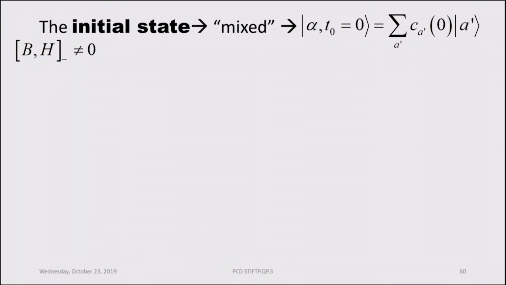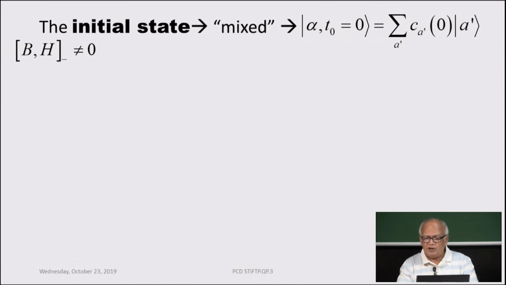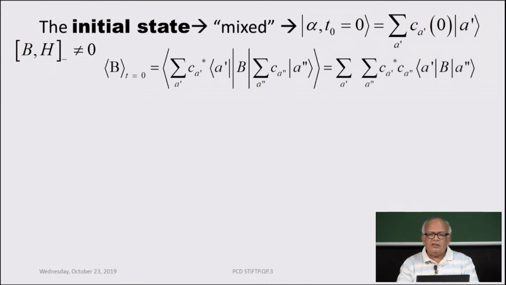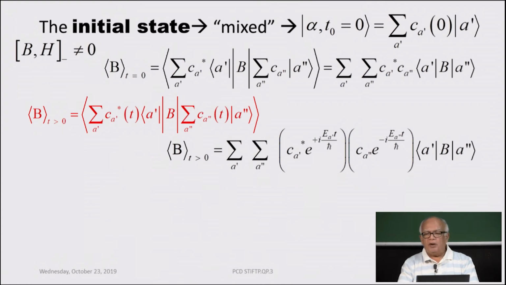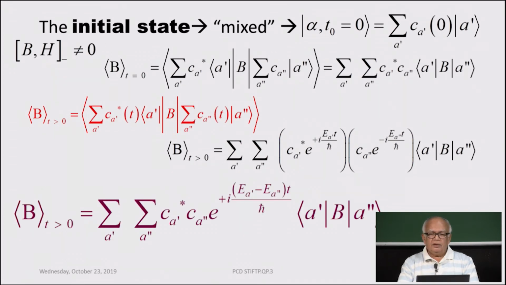On the other hand, if the initial state was a mixed state, then it is a superposition, right? And then you must put all the components over the complete basis set, and now the cross terms do not drop out. So now because of these cross terms you have got these oscillations.